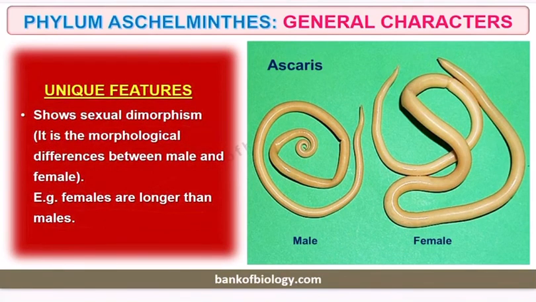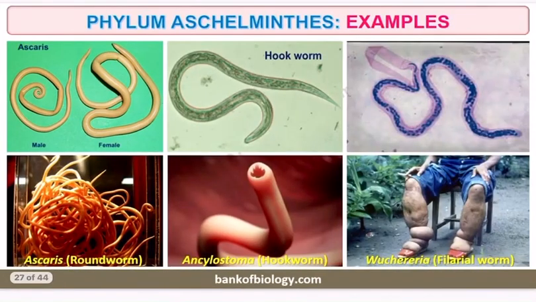So it is the morphological differences between male and female. You can see the female is very lengthy and male is short. Female is stumpy, it's bulky, male is thin. So the moment you look at that, even in our lab, physically when you look at them, you can differentiate that females are longer than males.